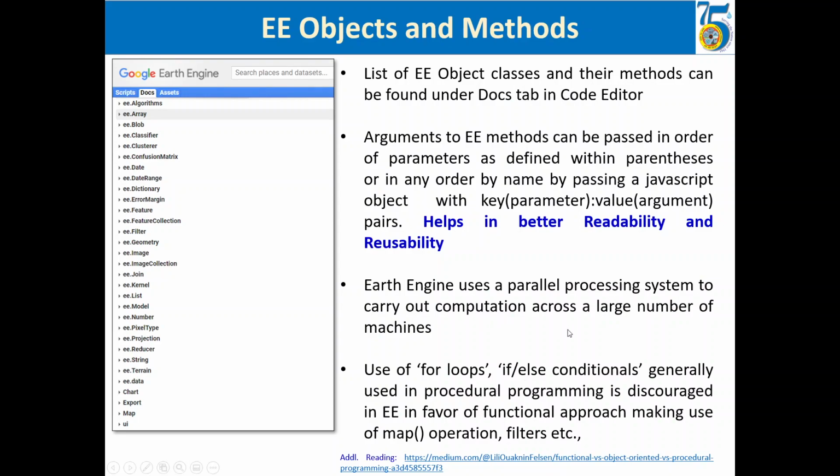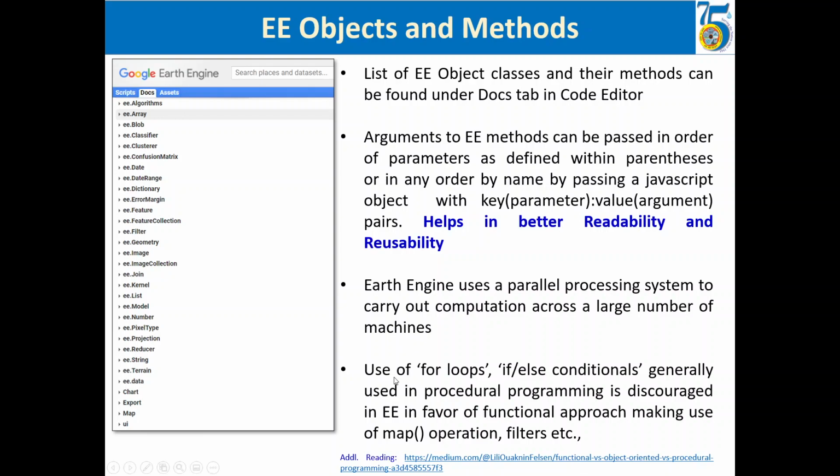And Earth Engine uses a parallel processing system to carry out computation across a large number of machines, which we have seen, and how the Earth Engine conditionals are used for manipulating the contents on the server.